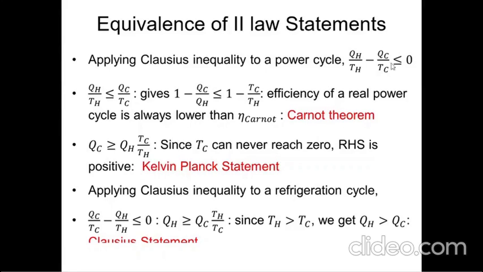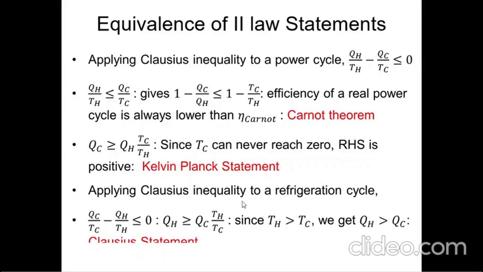And from the same statement, we can say QC is greater than QH into TC by TH, and since TC can never be 0, the right hand side is positive, then it tells you QC is greater than 0, which is the Kelvin-Planck statement.